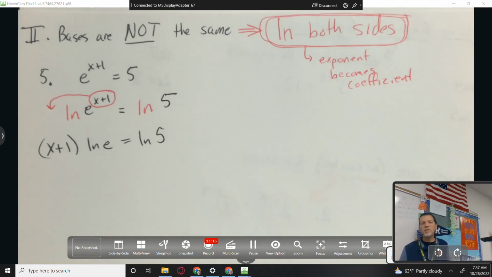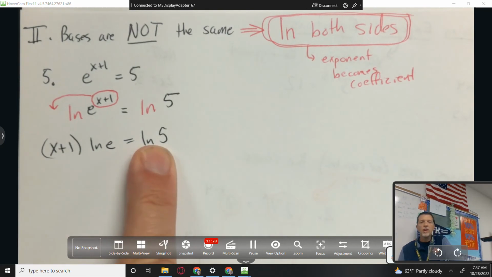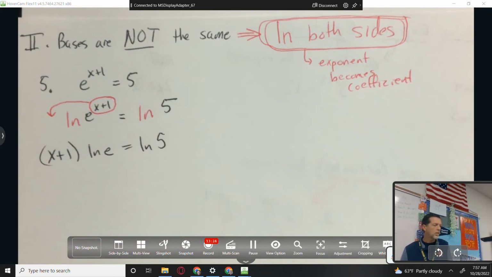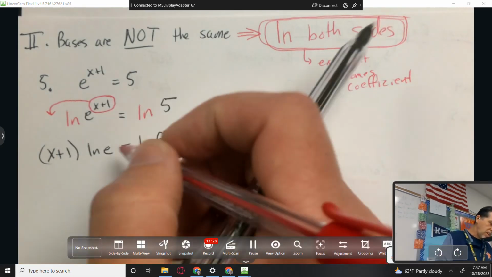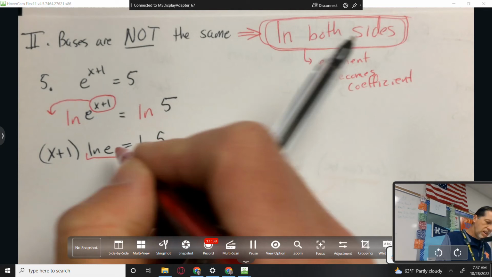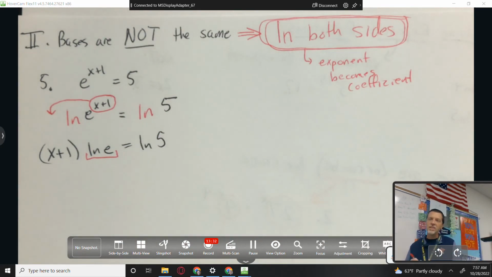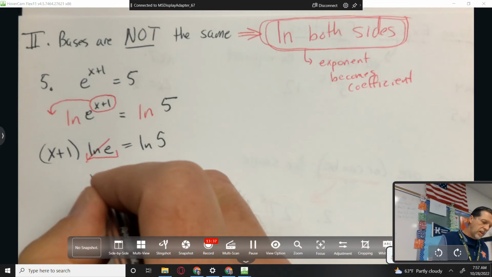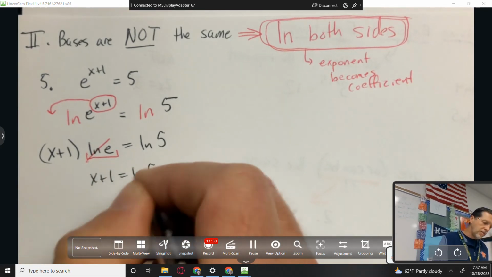And then we have a much easier problem to deal with. Again, maybe some ugly numbers, but natural log 5 is just a number. So now I can work with things. This one works out nice as well, because what's the natural log of e? 1. So this one worked out really well. X plus 1 equals natural log 5.